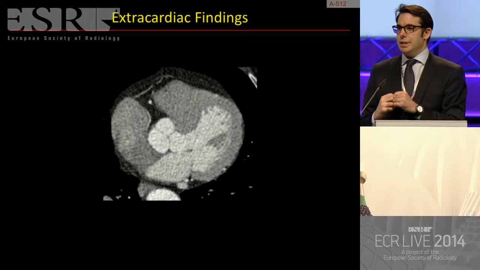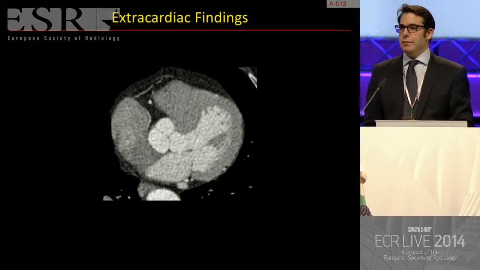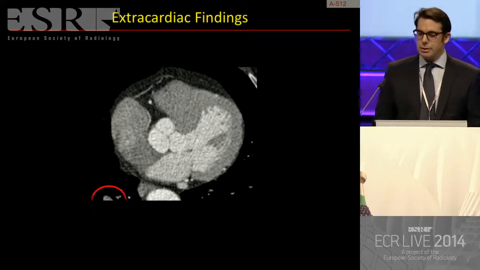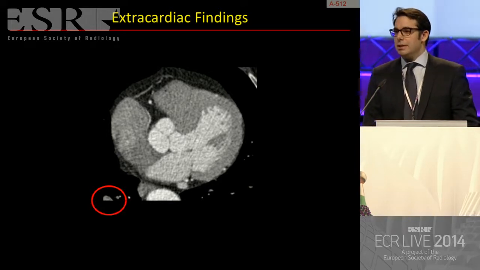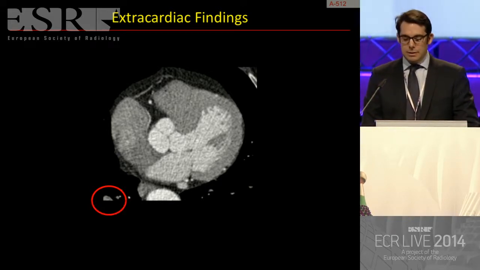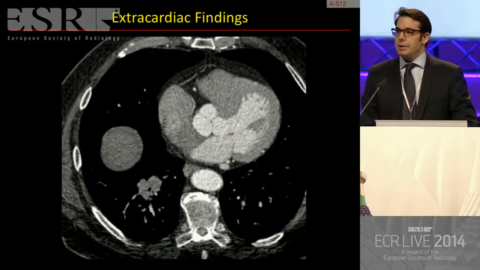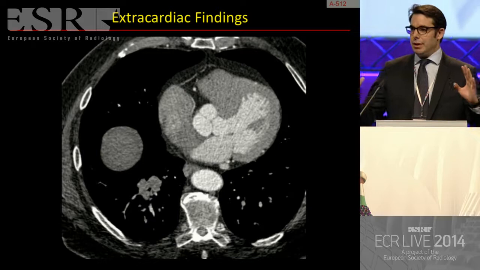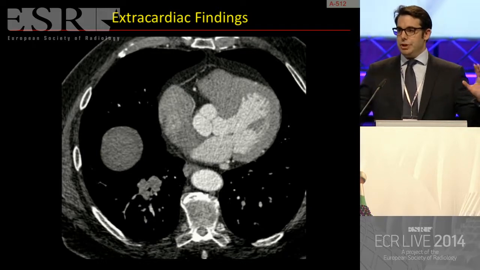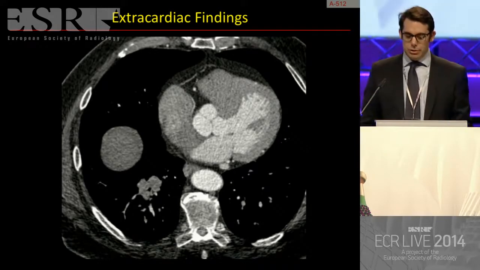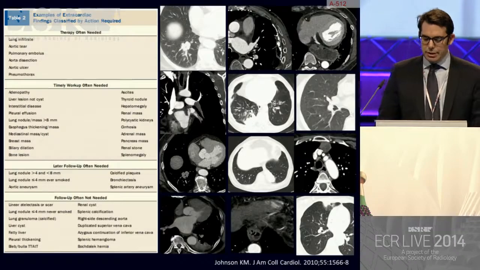Remember that the CT of the heart is a CT of the chest. So we can easily miss this thing, and this was a lung cancer. So always remember that when we read the CT of the heart, we are doing a CT of the chest. So do a full field of view reconstruction and look at the extracardiac findings.